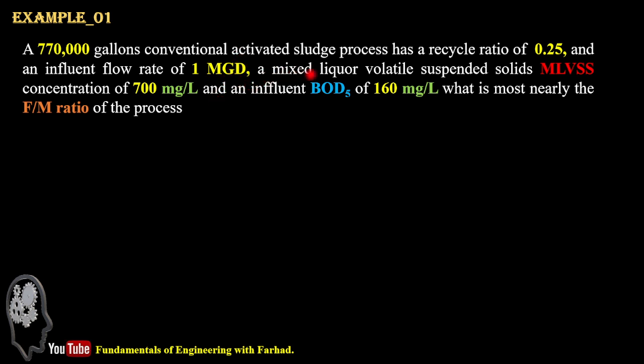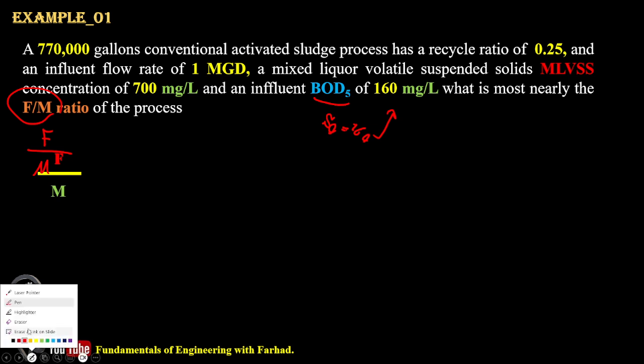The mixed liquor volatile suspended solids, MLVSS, concentration is 700 mg per liter, and S naught, which is BOD5, is equal to 160 mg per liter. We want to know what F over M is, the ratio of food to microorganisms in our wastewater plant. Let's see how we can solve this problem.